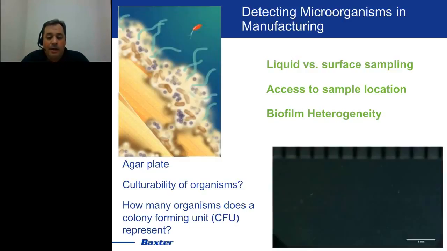And even if they do grow, what does a colony forming unit mean? If you have nice broken up individual cells, you should hopefully get one colony for every microorganism you started with. However, if you've got biofilm detachment, you might have a chunk of 10,000 microorganisms that only grow up into one colony. So there's a question about how effectively you can enumerate in some of those scenarios.